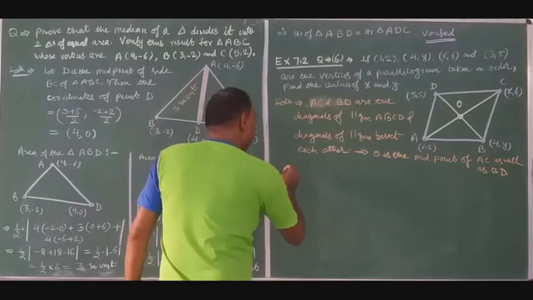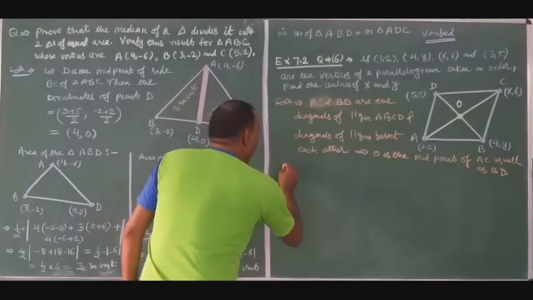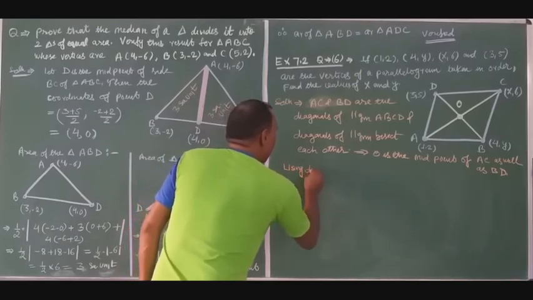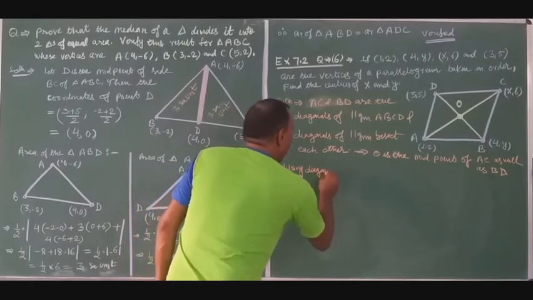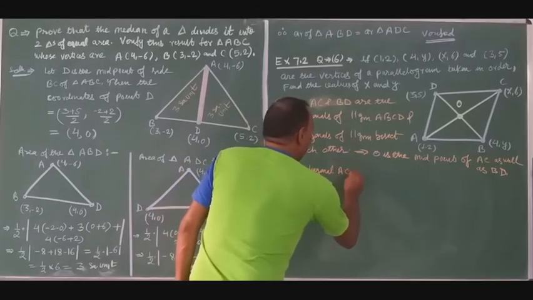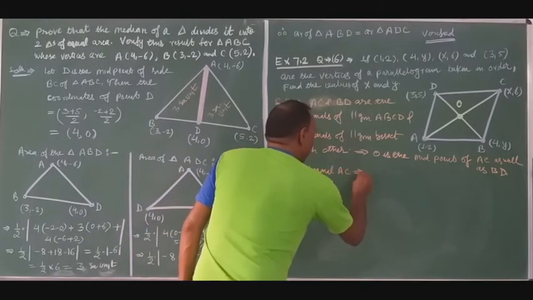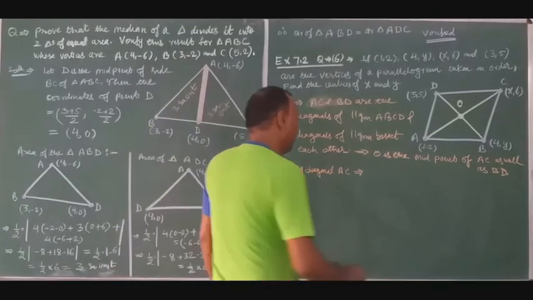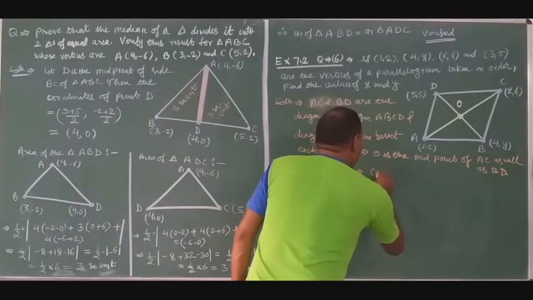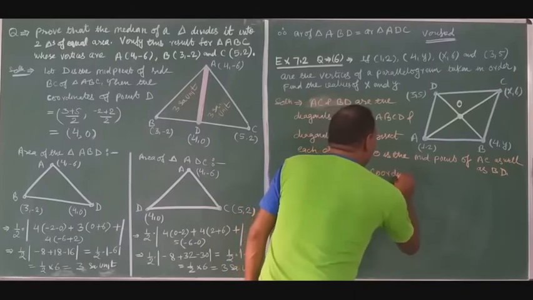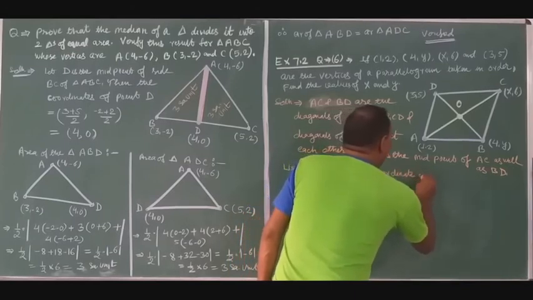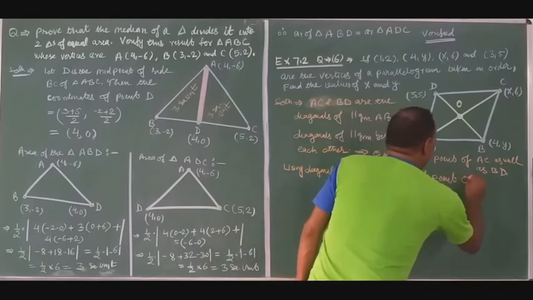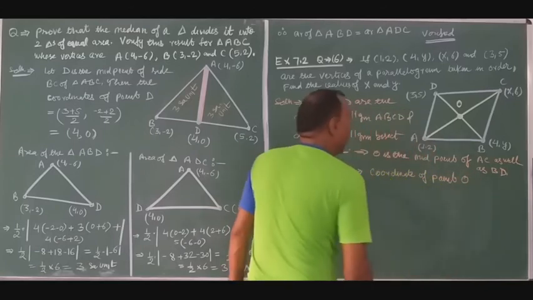So now, using diagonal AC, the coordinates of point O, what will they be?